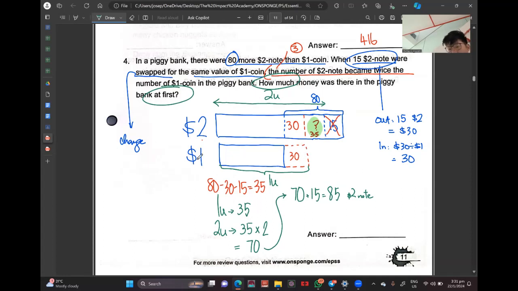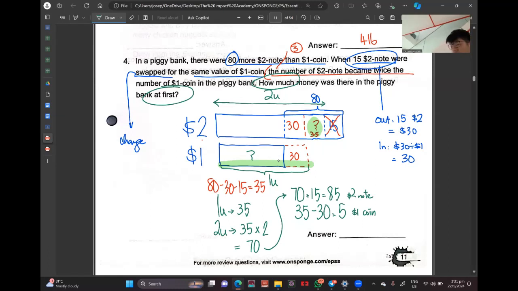So at first, for $1, I don't have the 30, right? So what I'm going to do is I'm just going to say, because 1 unit, you see 1 unit, right? 1 unit is from where to where? 1 unit is from here all the way to here, correct or not? I just want to find this question mark over here. Can you see that? So I'm just going to say 35 minus 30, that gives me 5 $1 coins. Am I making sense here? So I make it very, very clear.